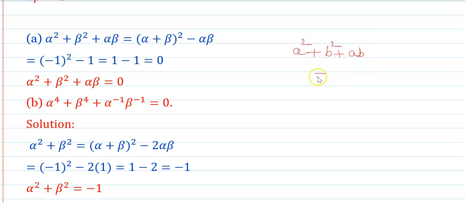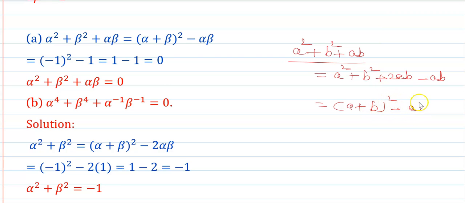If I want to express it in terms of the sum, then I can write here a square plus b square, I will write here 2ab, and the extra term I have taken here is minus ab. If I simplify, then I will get this expression. Now again this can be written as a plus b bracket square minus ab.